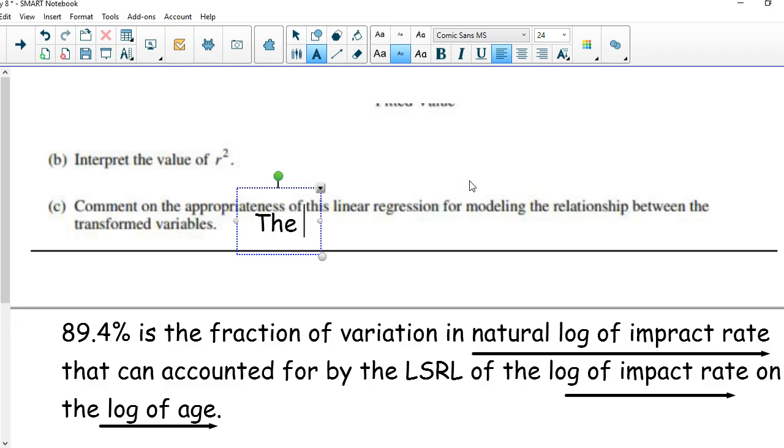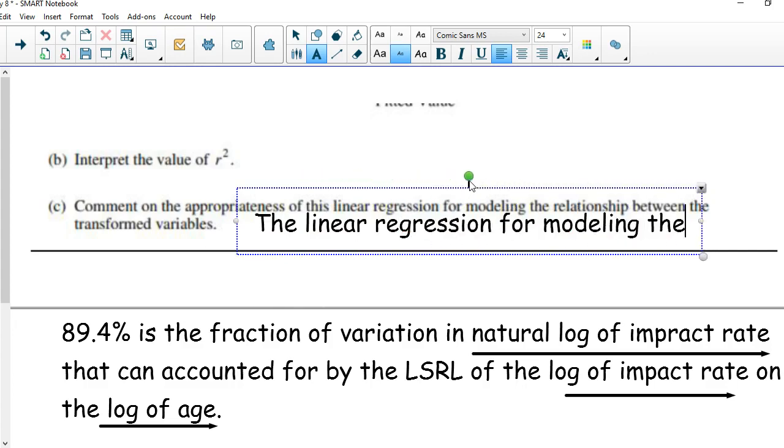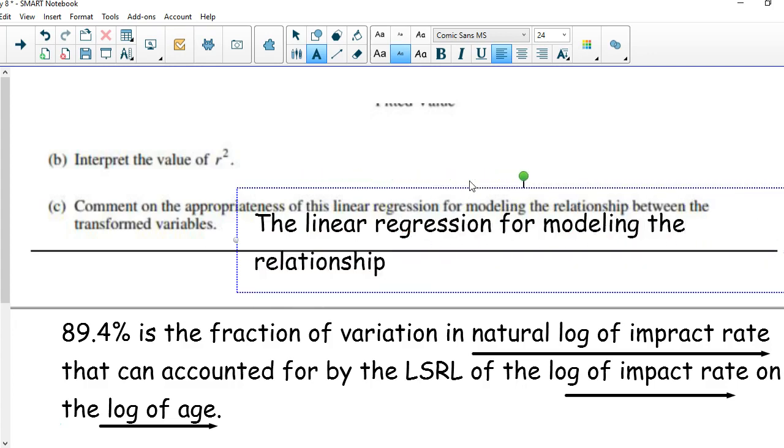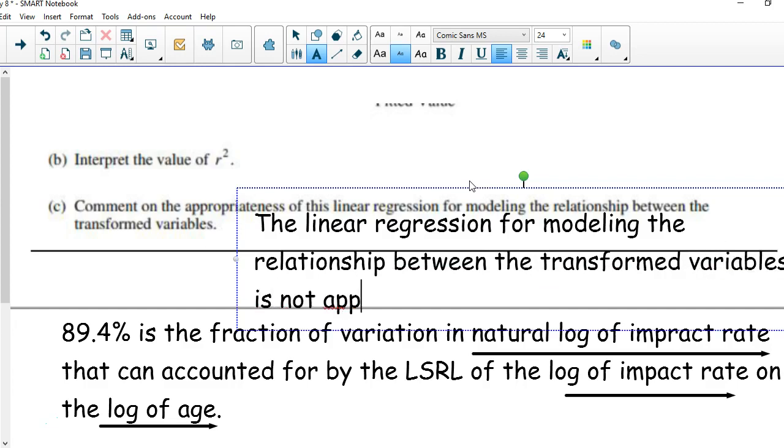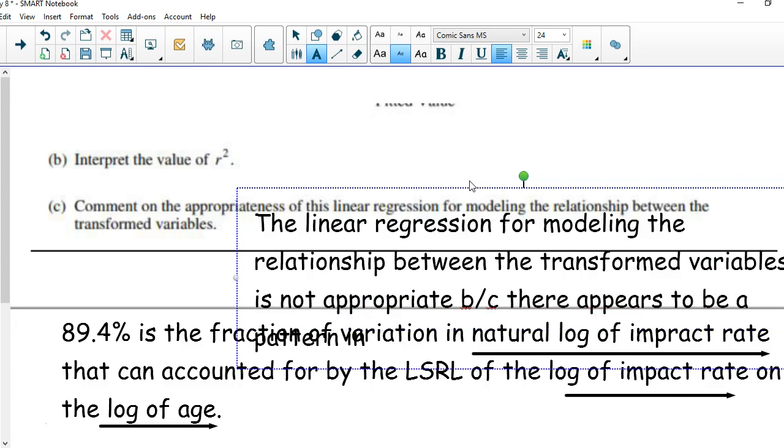So I would say, the linear regression for modeling the relationship between the transformed variables, so I'm just reusing what they said, is not appropriate because there appears to be a pattern in the residual plot. All right.